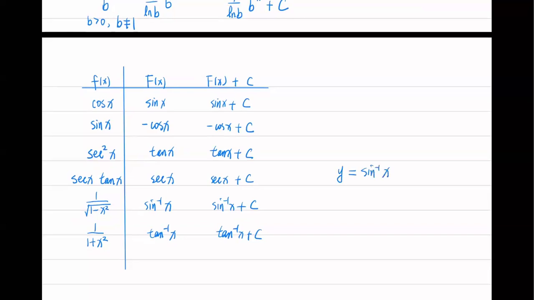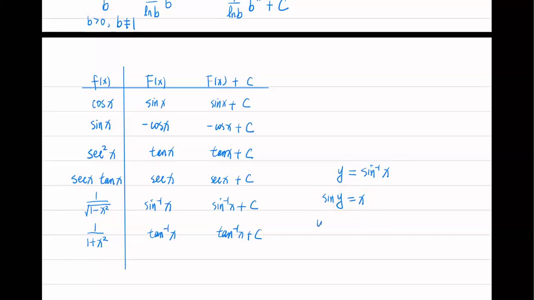Then from the definition, this is the same as sine y equals x. Now from the explicit function to an implicit function, because we know how to find the derivative of sine. From here, we take implicit differentiation.